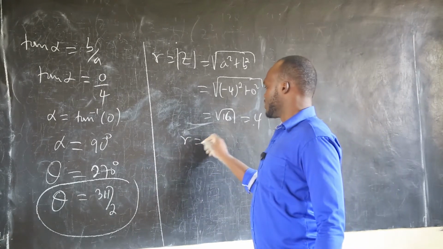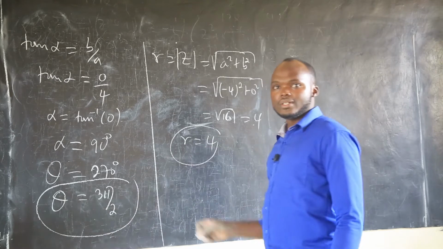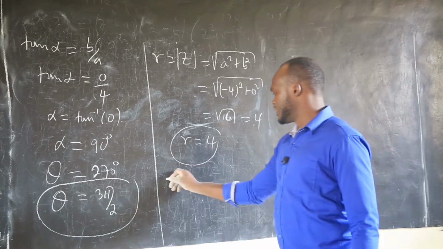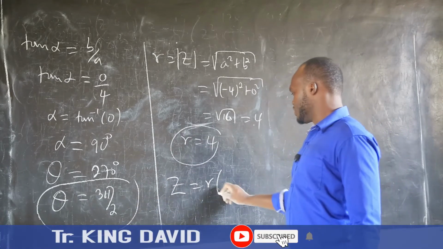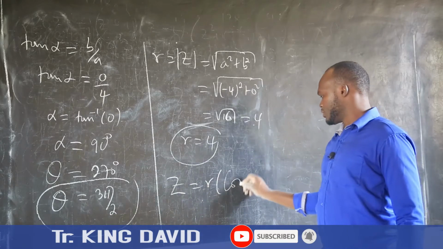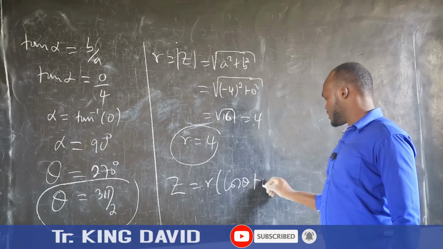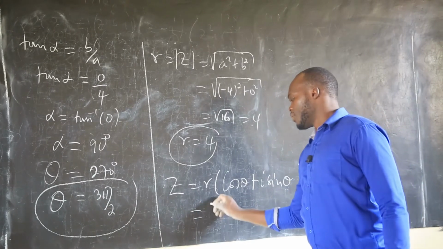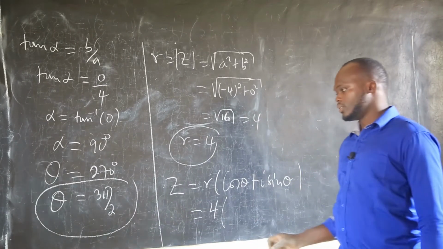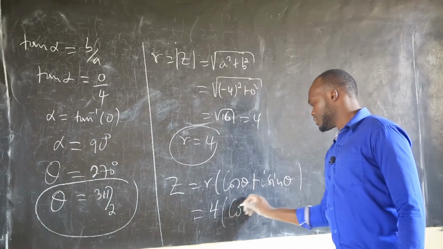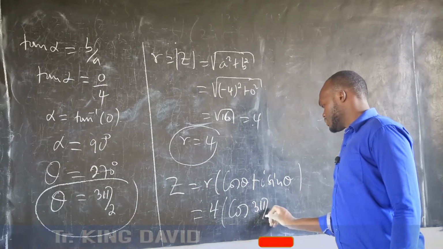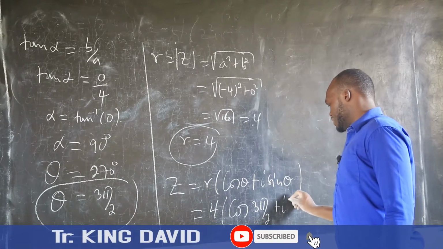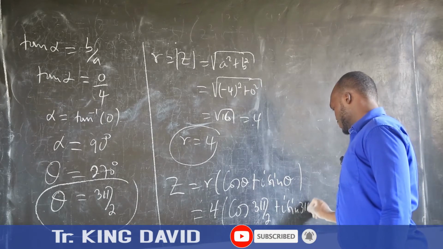So our r equals 4. After getting r equal to 4, our z is r into bracket cos angle plus i sin angle. So that is 4 into bracket cos 3 pi over 2 plus i sin 3 pi over 2.